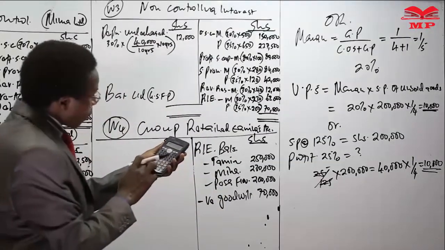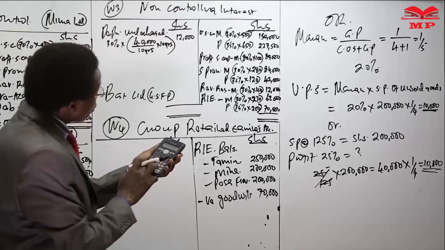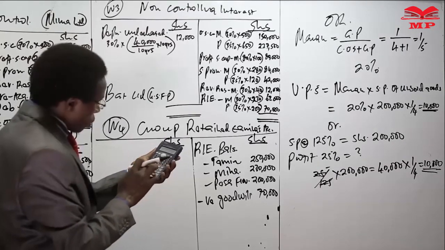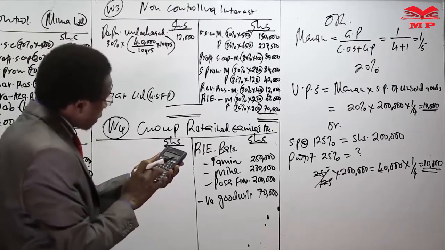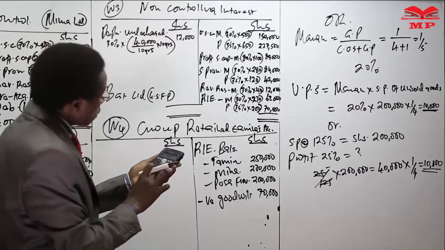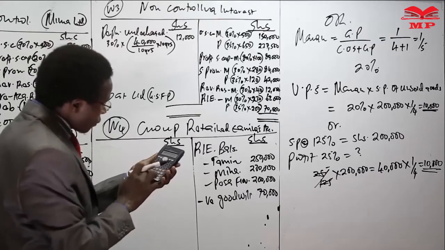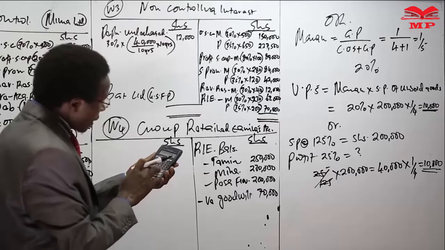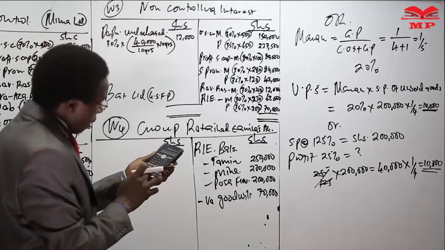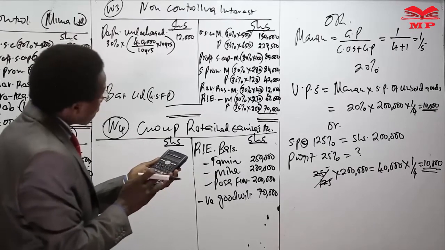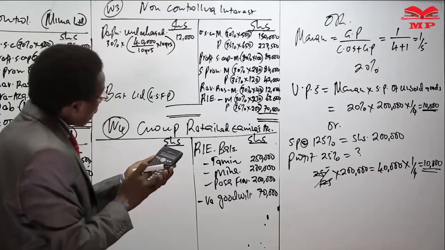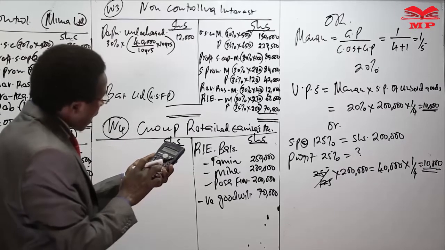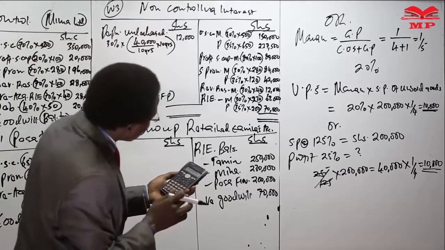We can say 150 plus the 227,500, plus the 80,000, plus the 84,000, plus the 42,000, plus the 12,000, plus the 69,000.